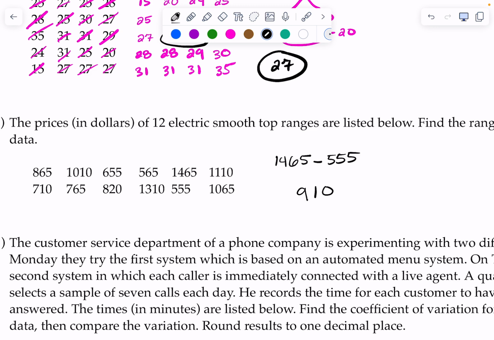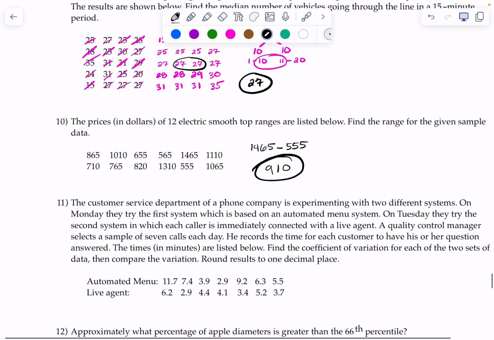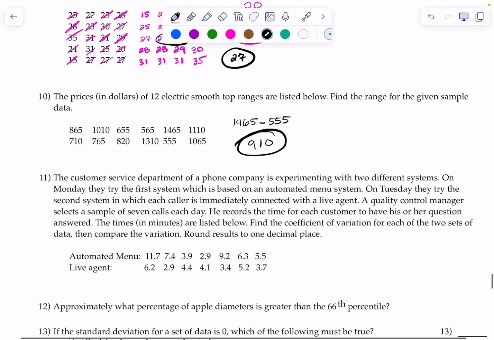Is that right? Yeah, 910. That's my range. Oh, it's 555, not 565. See, those ones are too easy, but it's easy to make a mistake on because my mind plays tricks on me.